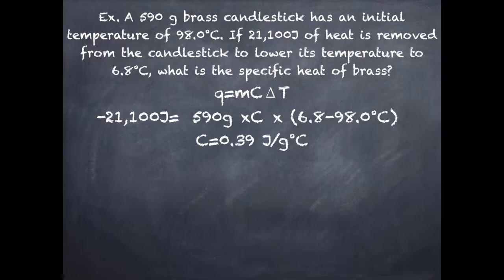If the problem were flipped and you were solving for your Q, you could either say the heat change is negative 21,100 joules, or you could say that 21,100 joules of heat is removed. You can say either because one actually has a negative and one implies a negative. So that's why I wanted to bring this problem up, just to prevent confusion.